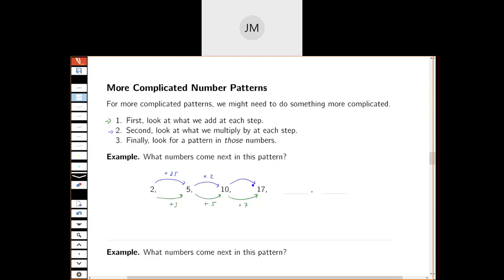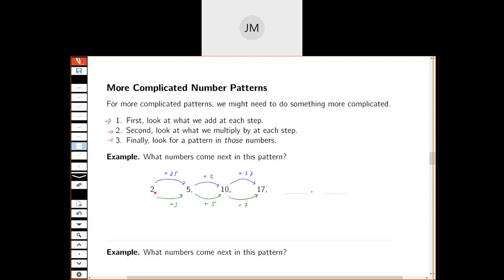To go from 10 to 17, I have to multiply by 1.7. And that's again not the same number each time. That's not really following a clear pattern. So now let's try something else. Let's look for a pattern in the numbers that we wrote down, either in the differences or the multiples.